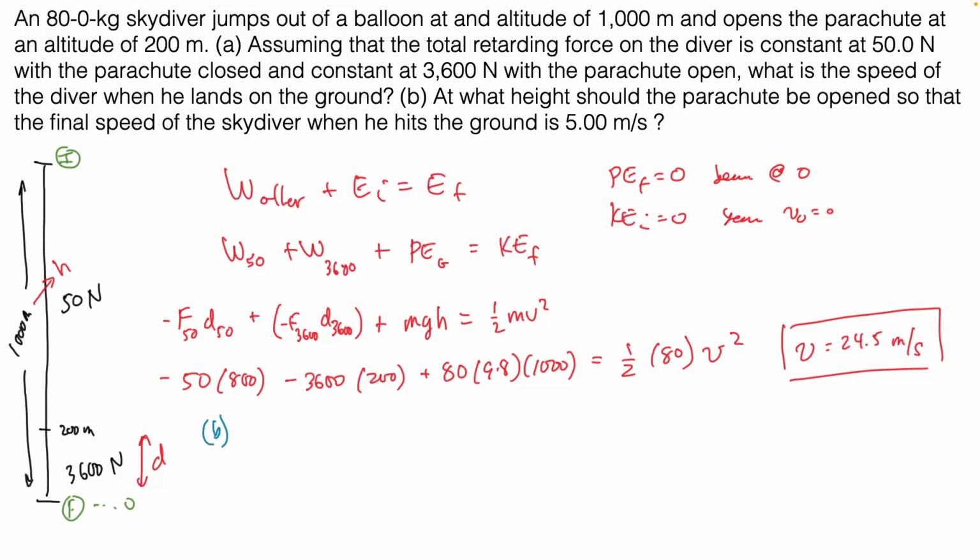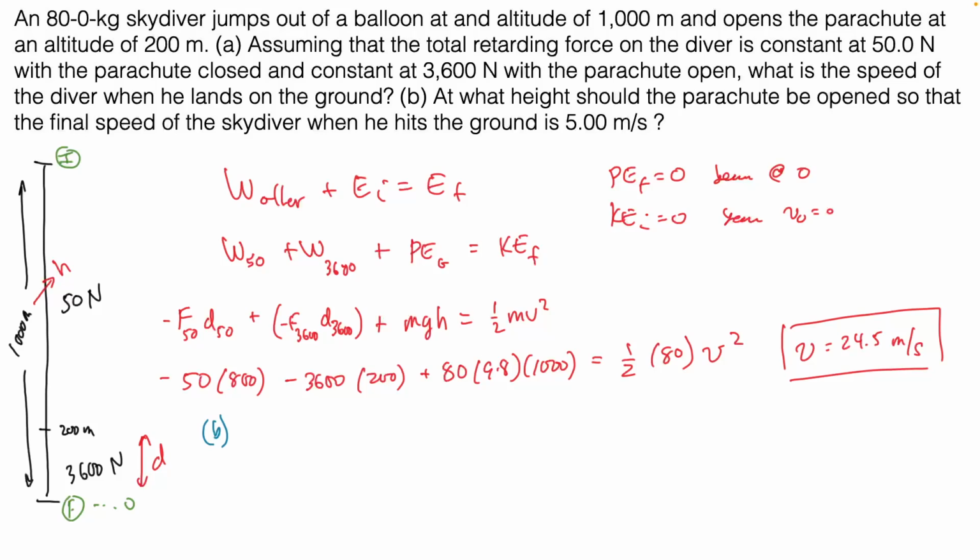So, what changes in this problem? The actual height for gravitational potential energy doesn't change, right? The 1,000 meters that we're sticking right there, that doesn't change. What do we know this time?